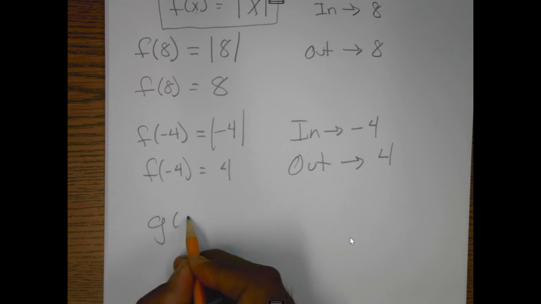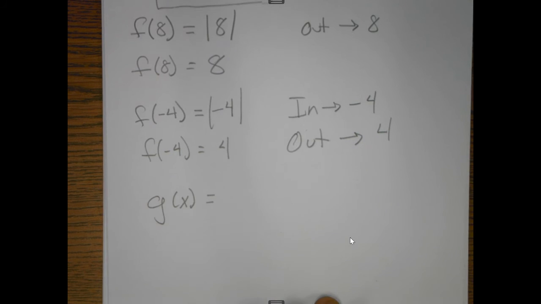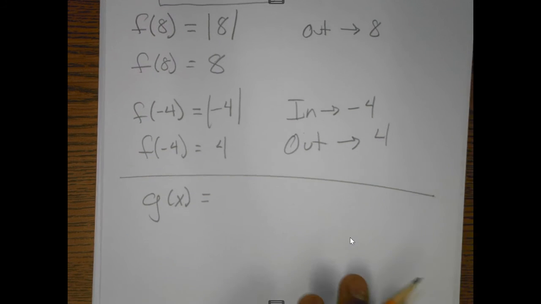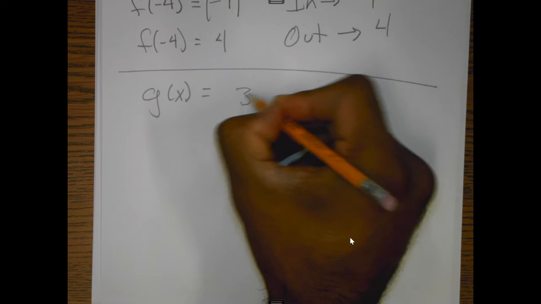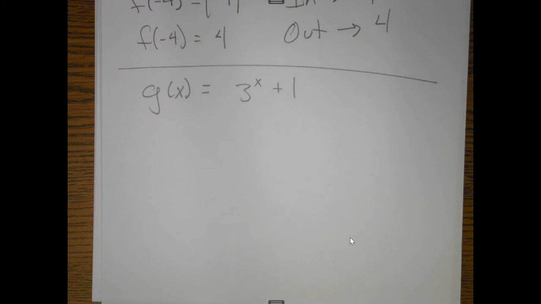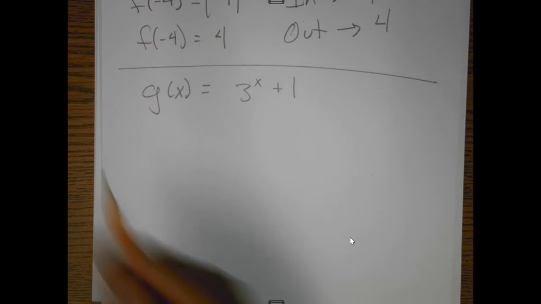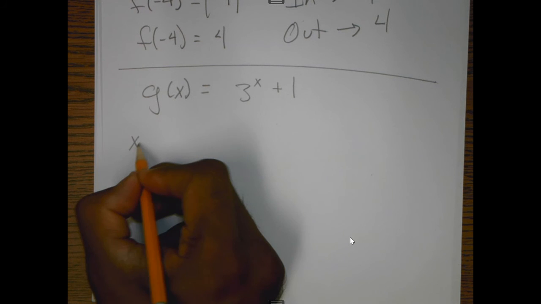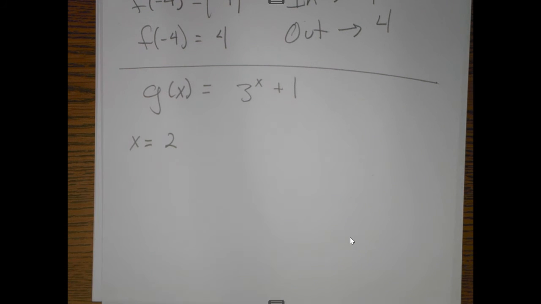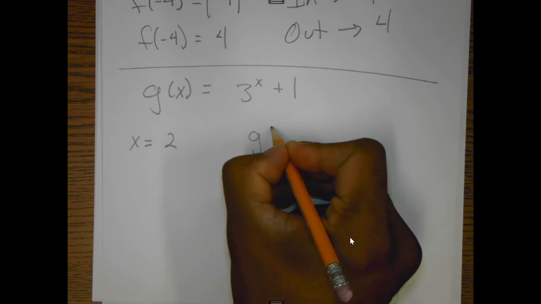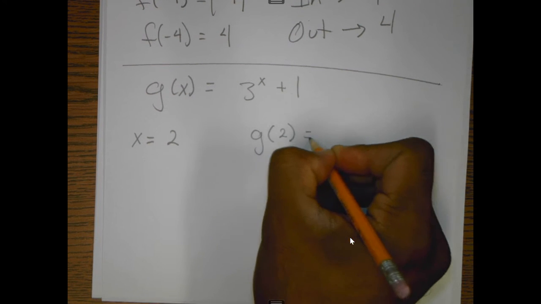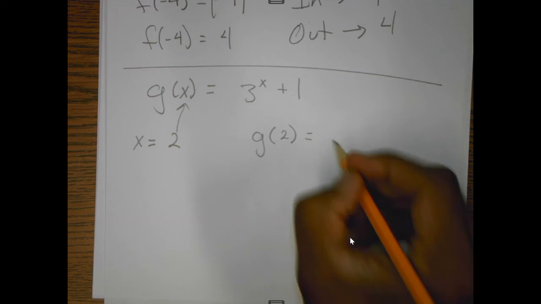Let's do some different functions now. We'll use g of x this time, separating this as a different question. G of x equals 3 to the x plus 1. We're going to find out what g of x is when x equals 2. So what we're really trying to figure out is g of 2. I put this into my input.